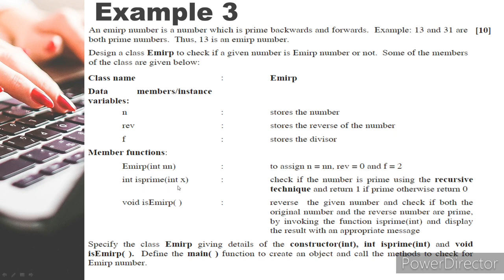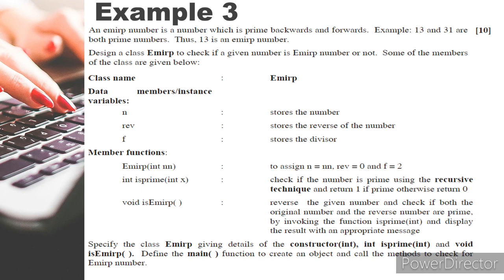Int is prime, int x. In the earlier example of prime number, 2 parameters we were using, but here we are using 1. So where will we get this supportive value? We'll get it from this f, because f is used as a data member here. Then the same logic will apply here for int is prime and void is e prime.